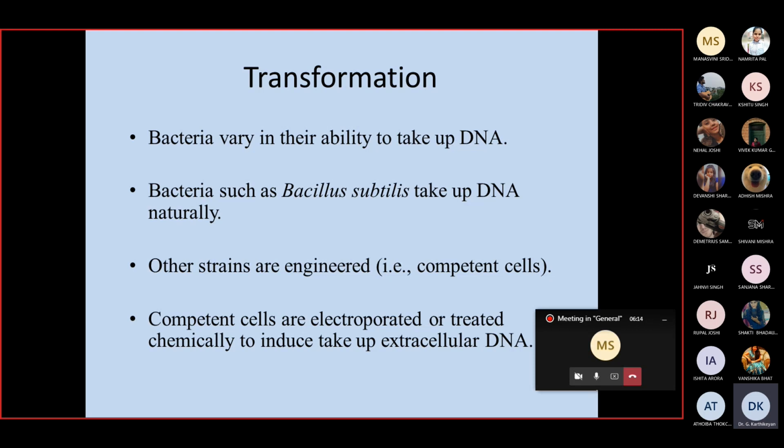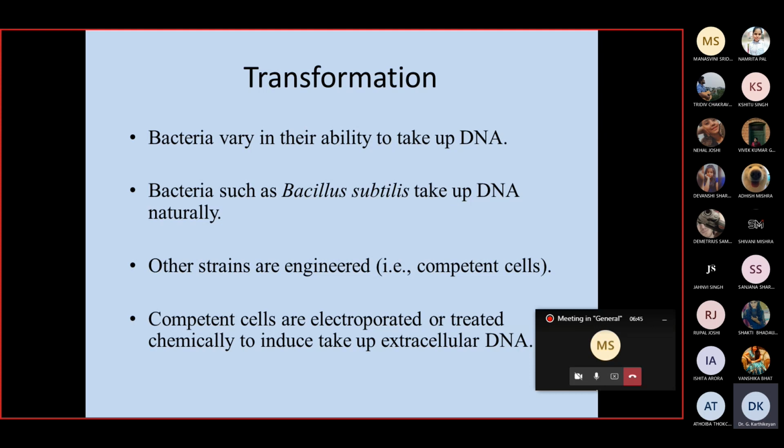Okay. So this process of bacteria taking up exogenous DNA, not endogenous DNA, has a problem. Bacteria like Bacillus subtilis can take up DNA naturally, but there are other bacteria which do not take up DNA fragments naturally. But you can do certain processes and modify them so that they will take up DNA. That process is called competence.